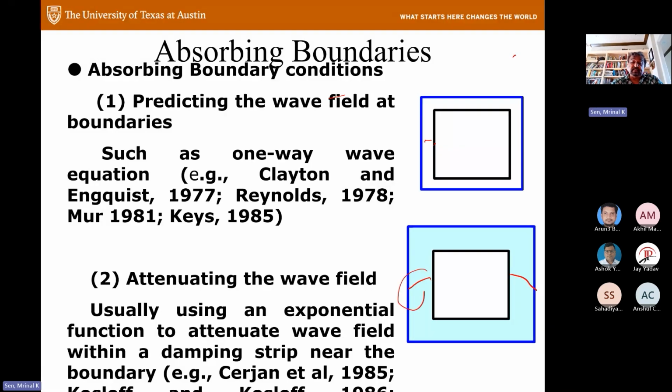Typically they use an exponential taper, and it basically decays from unity, say here the weight is 1 going to 0. And once you do that, it actually does quite a bit of damping. This is very easy to understand and very easy to implement.